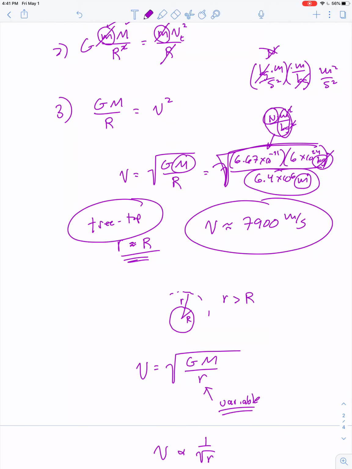That's how fast something would have to be projected near the surface of the Earth in order to never crash into the Earth's surface, but instead maintain a circular orbit. It's a fantasy to think we can ever get this, because a treetop orbit, by definition, by being just barely above the treetops, is within the atmosphere, and the drag forces would cause it to burn up.